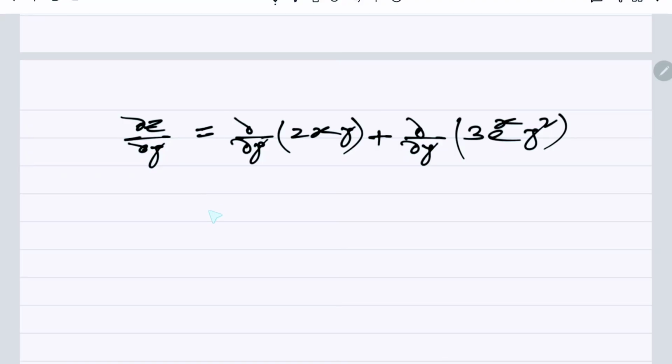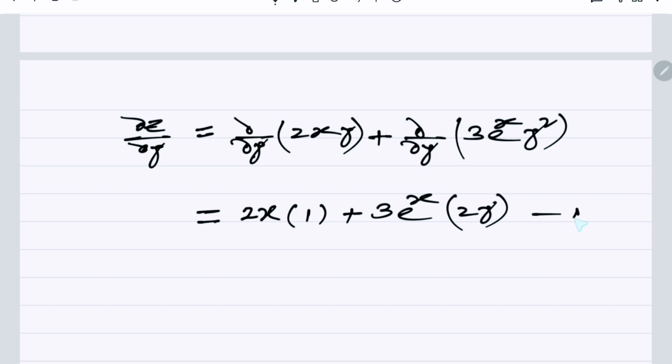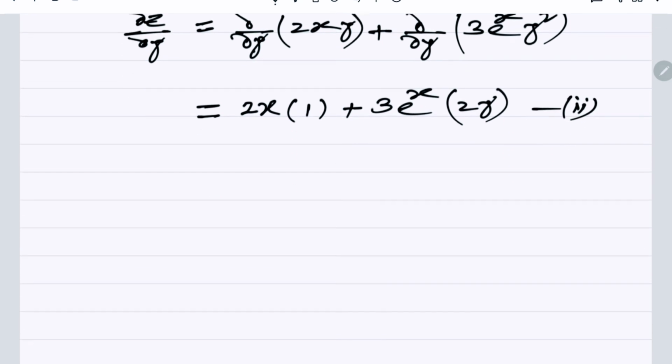Applying the rule, constant terms we take outside, therefore 2 and x are constant terms we take outside, and differentiation of y with respect to y is 1. Then in second term, 3 and e raised to x are constant terms outside, and derivative of y square with respect to y is 2y, as the value of dou z by dou y.